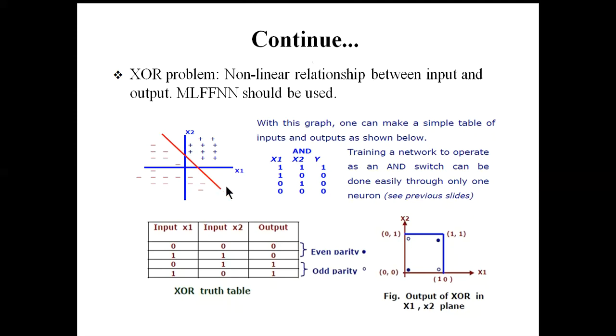So you can easily draw a line between them. So the AND gate can be modeled using a simple single layer feed forward neural network, where the relationship between input and output of the AND gate is linear in nature.